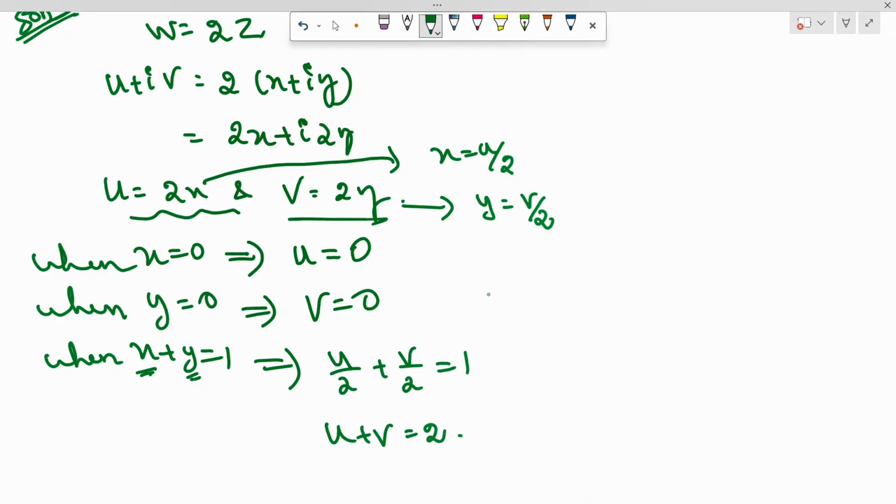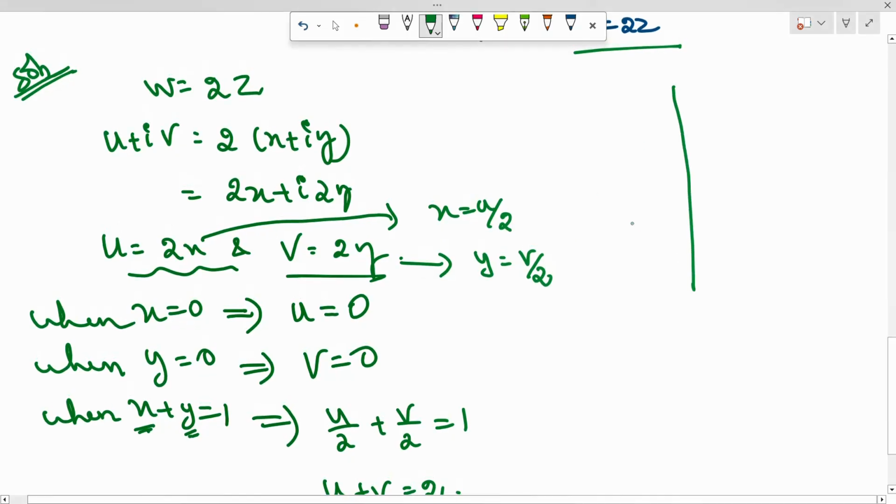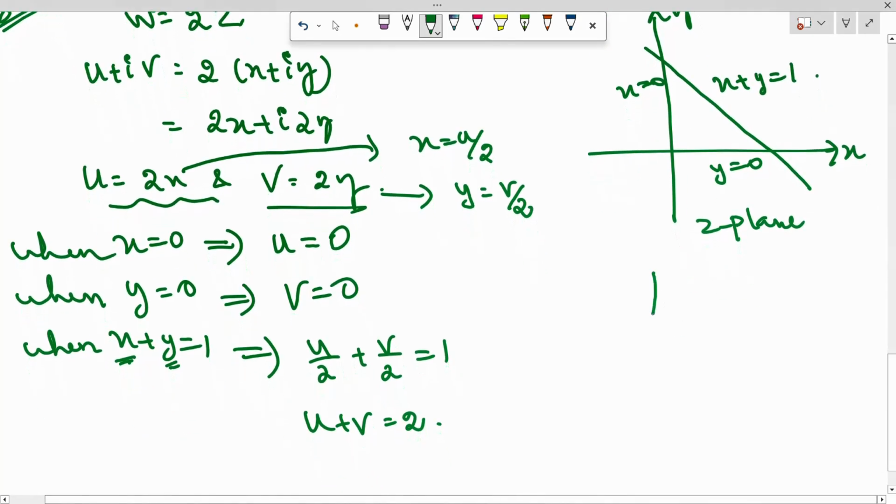Now we are going to draw the diagram. First draw the z-plane image: x-axis, y-axis. Given values, x = 0, y = 0 here, x + y = 1, straight line. This is our z-plane image.